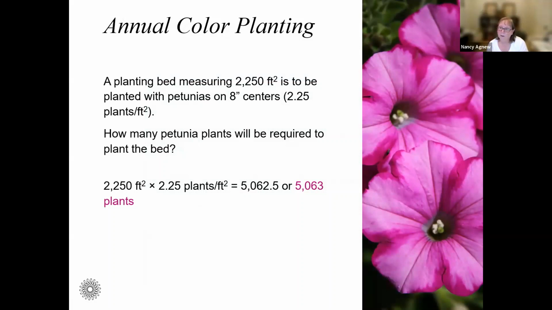So how many petunia plants will be required for the bed? So we take that area of bed space, the 2,250 times the equivalent plants per square foot for 8-inch centers, which is 2.25. You come up with 5,062.5 plants. So you can't plant a half a plant. So I always round up.